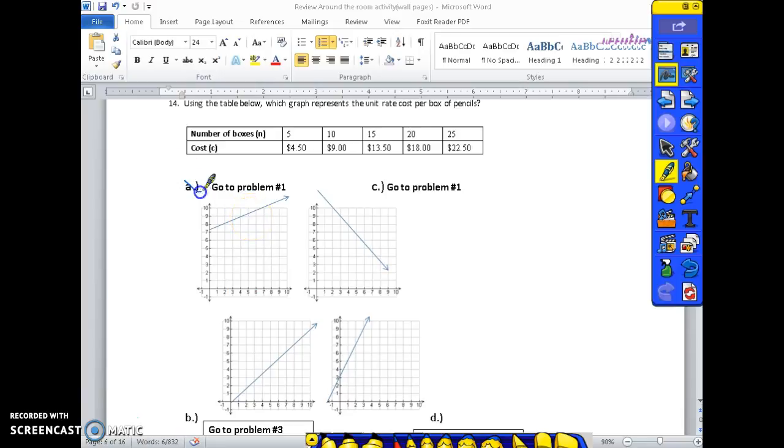It cannot be A. For C, for 5 boxes, my cost is $6.50. It cannot be C. For D, for 5 boxes, it's not even on the chart. It's not D. For B, for 5 boxes, it costs $4.50. So my answer is B, which means I'm going to problem number 3.